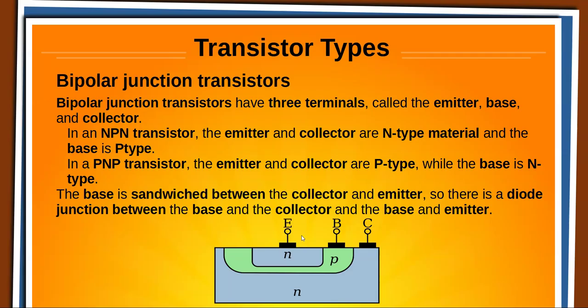And of course, once again, you've got your barrier potential at the junctions. The one you care about is the base-emitter junction. It's going to be the same as a diode, whether it's germanium or silicon: 0.7 or 0.3 volts. And you're going to have a depletion zone, just like you do in a diode.